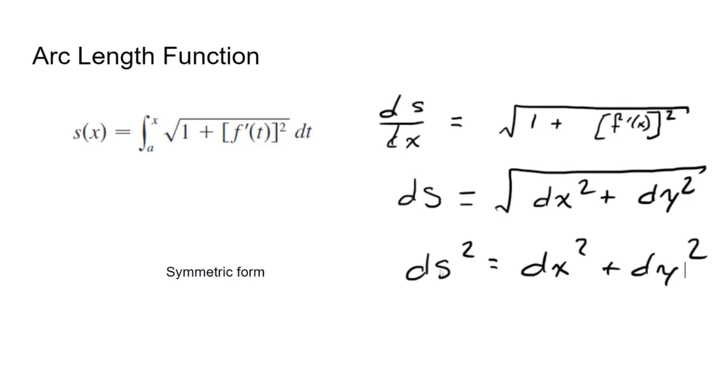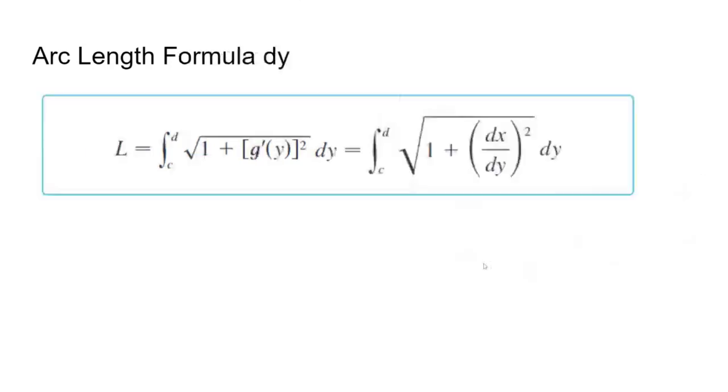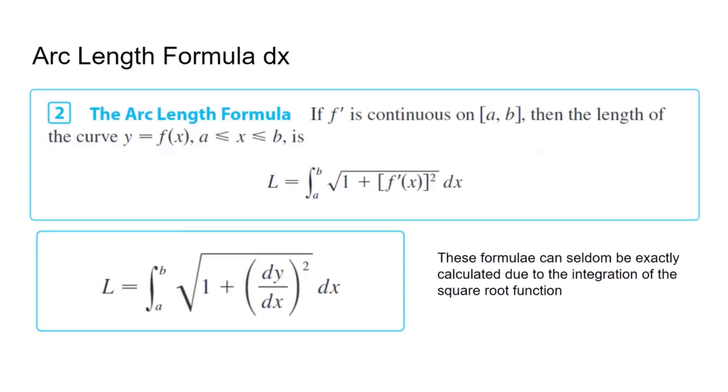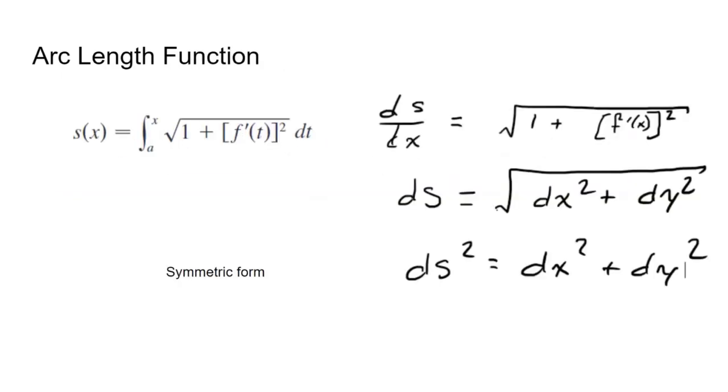You can remember this in symmetric form: ds squared equals dx squared plus dy squared. Then you divide out by either dx squared or dy squared, and you can arrive from this symmetric form at either one of these formulae, with the dy or the dx.